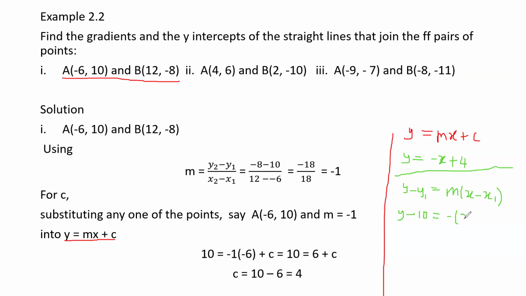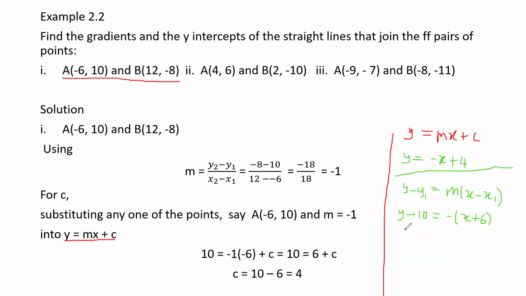So we have x minus, what is x1? Negative x1, -6. So minus -6, we can simplify it. Are you okay? Yes, sir. So if we expand and we simplify, we make y the subject, we get our c straightforward.